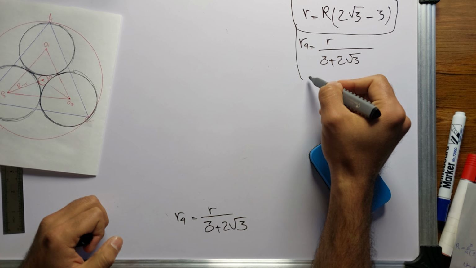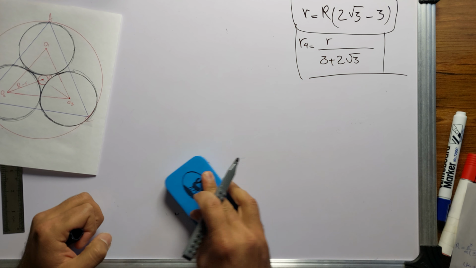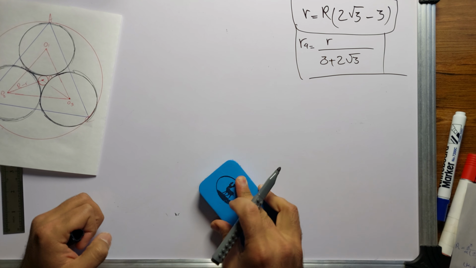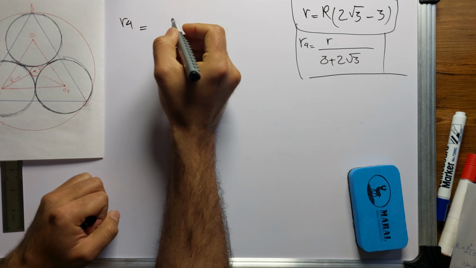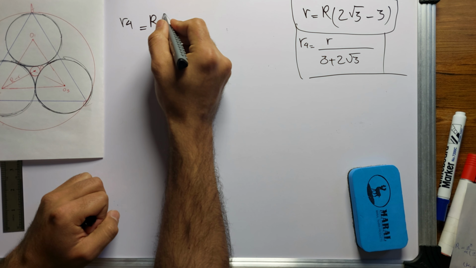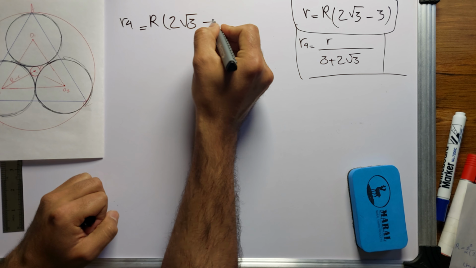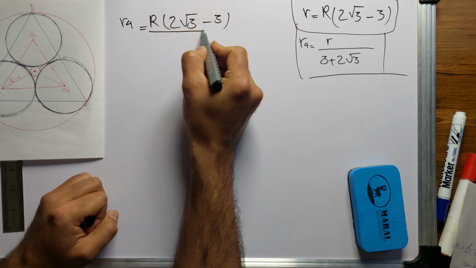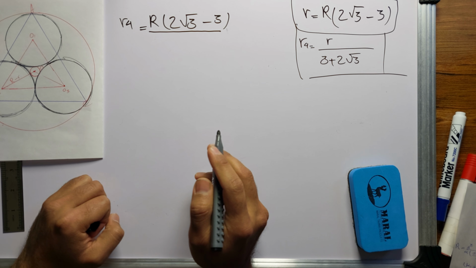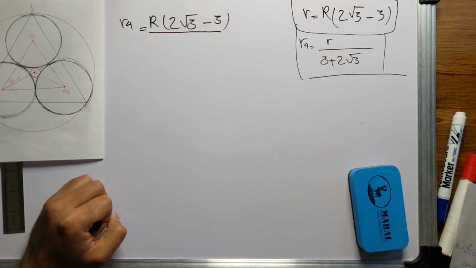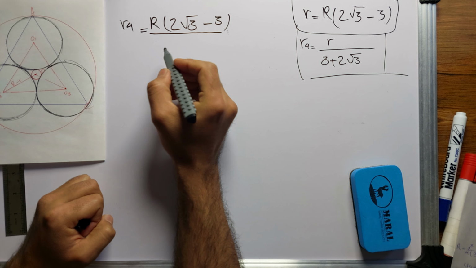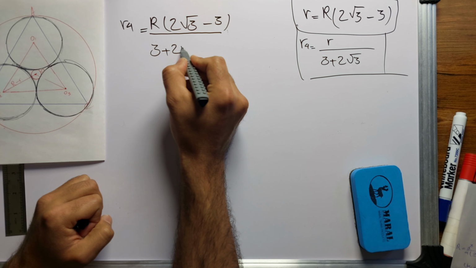So now let's replace r in this formula. So we can see that r sub 4 equals r times (2 square root of 3 minus 3) over 3 plus 2 square root of 3.